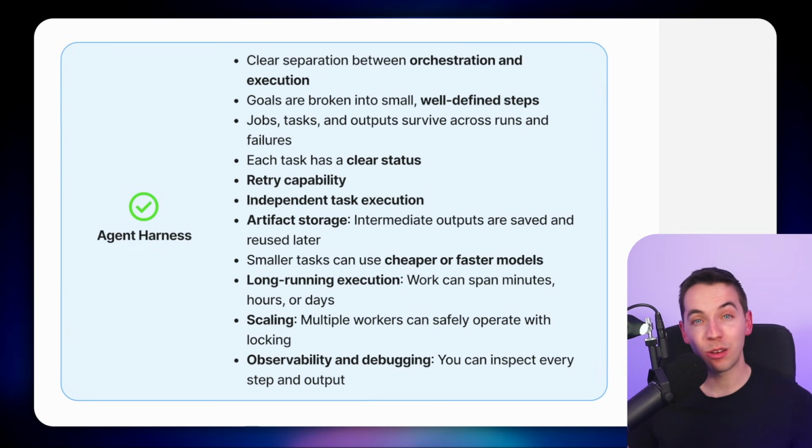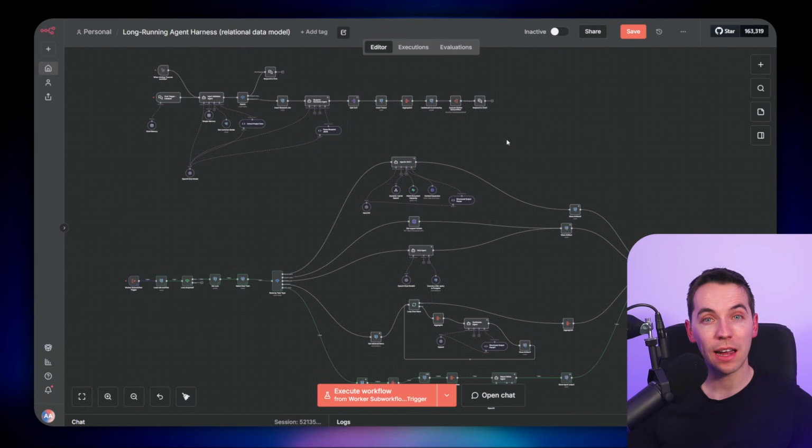If you understand how to build agent harnesses, you're generally going to be way, way ahead of most other people building AI agents. And they allow you to build far more complex, sophisticated, and long-running AI agents that actually get real work done.